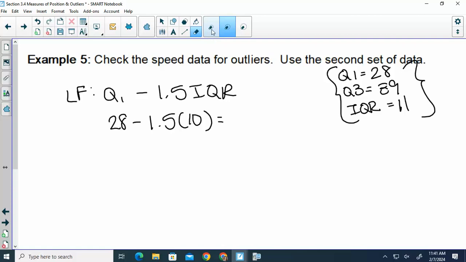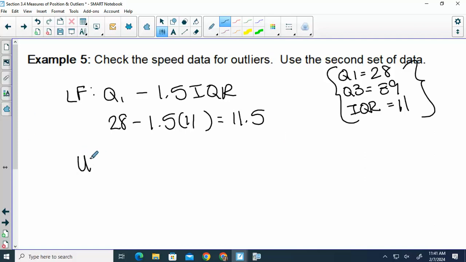Let's use that set of data since it actually did have a bigger value. Okay, so if we do that one, we get 11.5. So any speeds lower than 11.5 would be an outlier. Was anyone going less than 11.5 miles per hour? No. So we don't have any outliers in that direction.